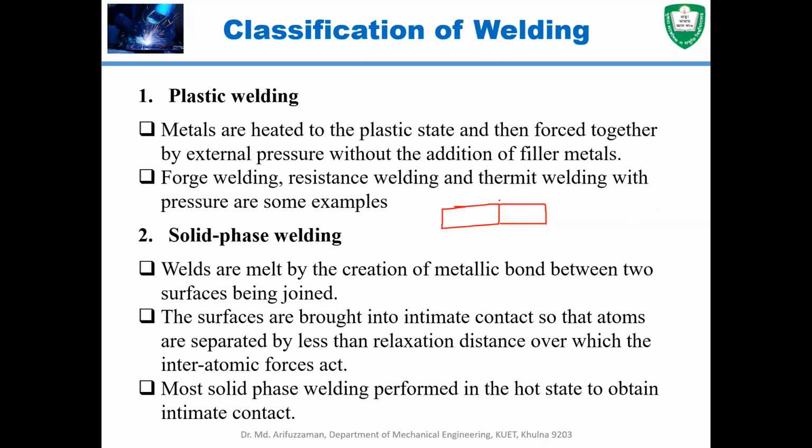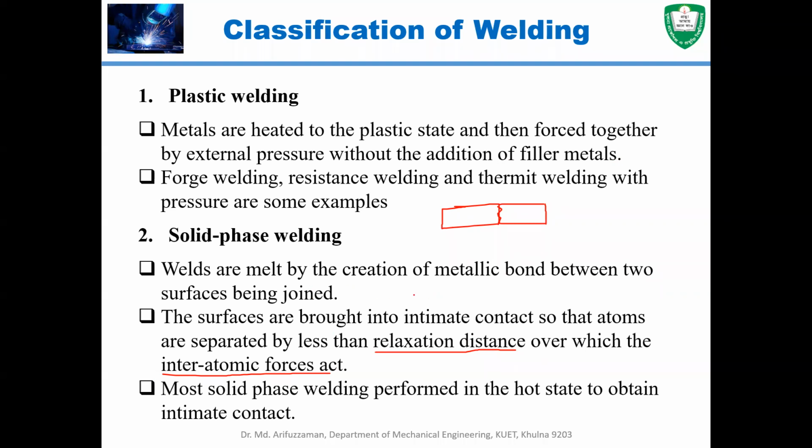Then, if you can bring these two surfaces together in such a way that the relaxation distance of the interatomic force is crossed, then metallic bonding will be formed in this region. Because of that metallic bonding, the material will be joined together, and that is how solid state welding occurs.